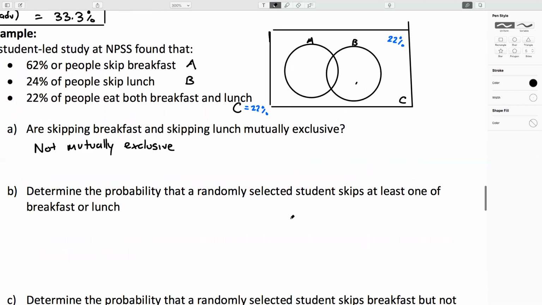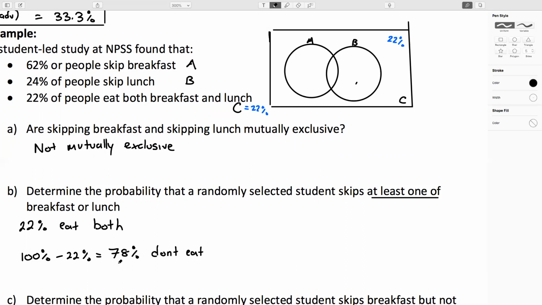Now, determine the probability that a randomly selected student skips at least one of breakfast or lunch. If 22% eat everything, 22% eat both. That means if we subtract that from 100, 100% minus 22% gives us 78%. 78% don't eat both, which means everything in our Venn diagram now has to add up to 78%.